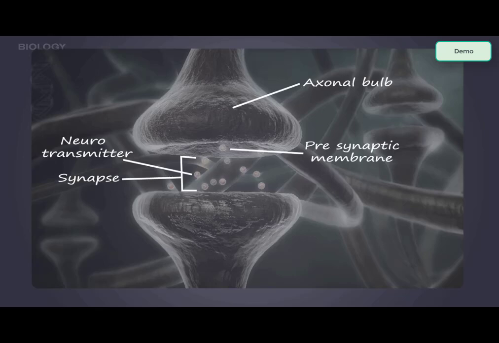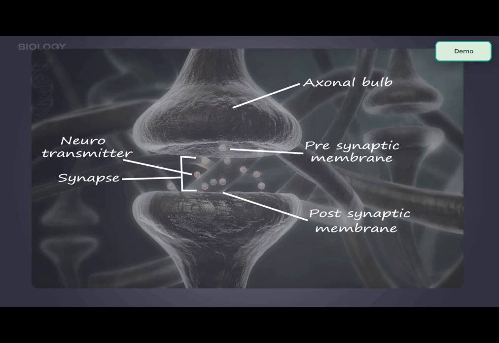And then comes the receiver, which is called the postsynaptic. And the terms are very simple for you to remember. The above one is going to send, and the post is the one which is going to receive. So, postsynaptic cell and the postsynaptic membrane.